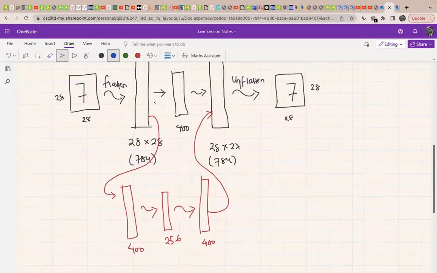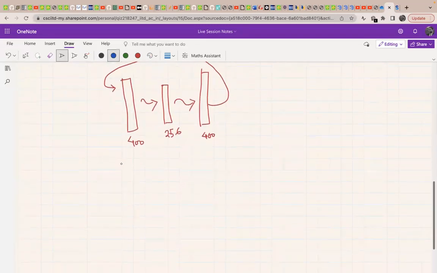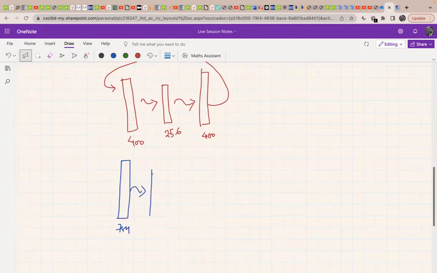Now we have a network that has an input size of 784, then goes to 400, and goes to 256.